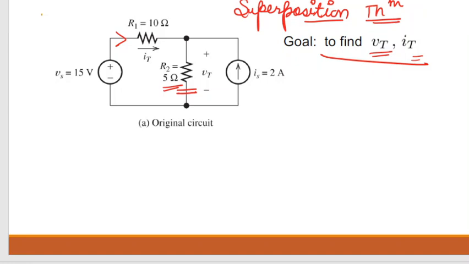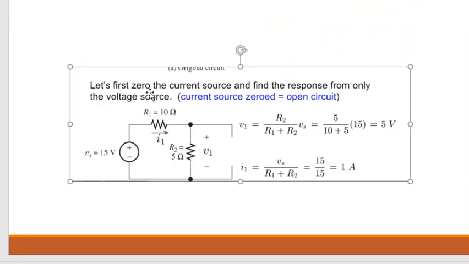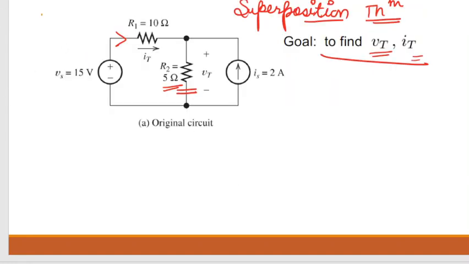So in the superposition theorem, we'll take one source at a time. Okay. Now can you tell me how many sources are there in this circuit? This question will be solved in steps. If we have three sources, then how many steps will there be? Three steps.